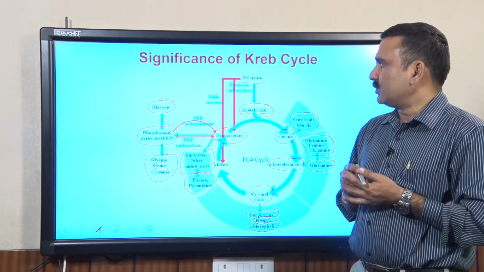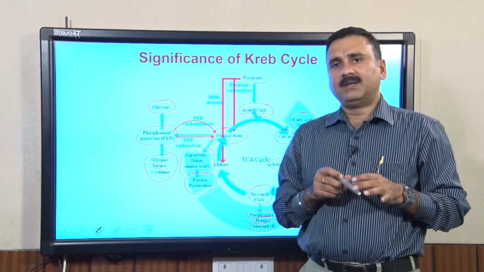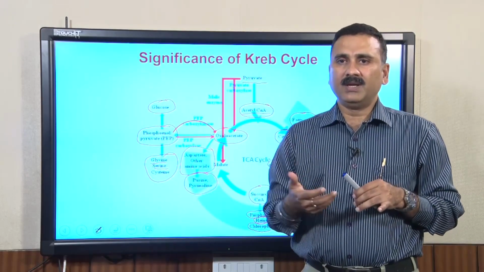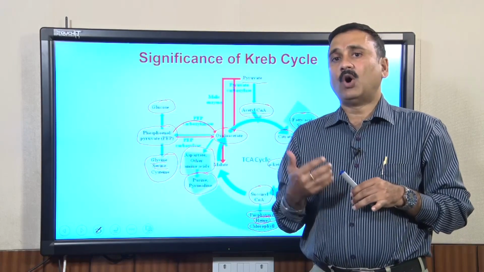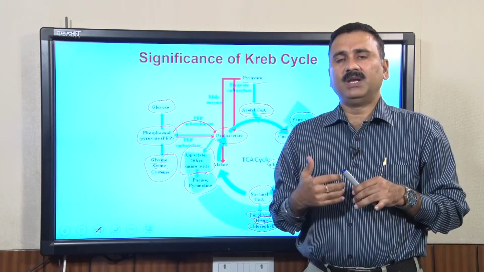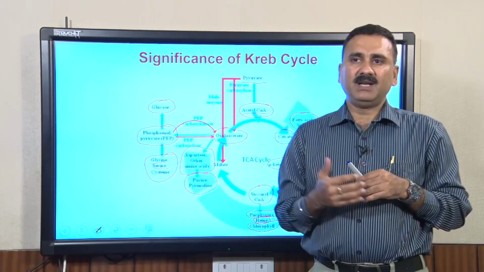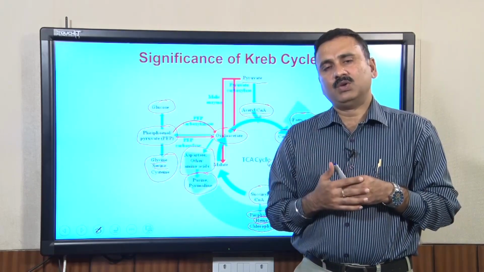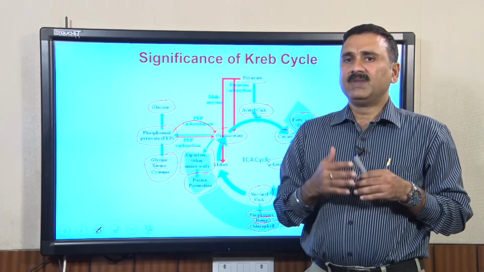But these are the things the Krebs cycle does when oxygen is present, because the Krebs cycle produces a large quantity of NADH, one molecule of FADH and the GTP.